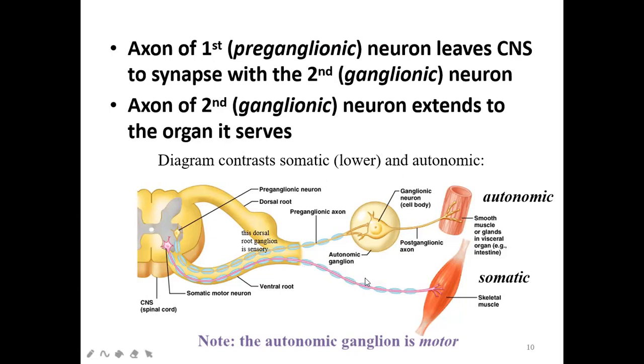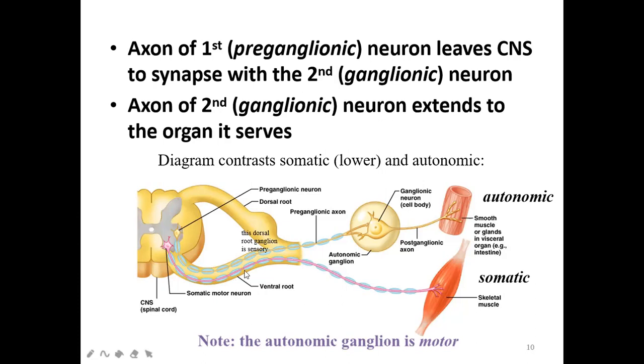If you look at the diagram in contrast, here is the somatic nervous system and here is the autonomic nervous system. In the somatic nervous system, the somatic motor neuron starts from the ventral nerve root and is totally myelinated until the site of innervation.